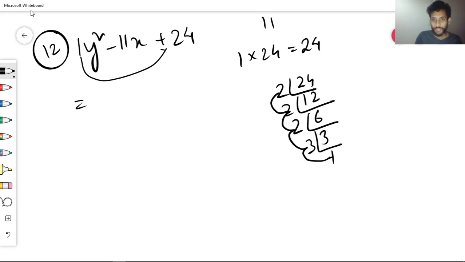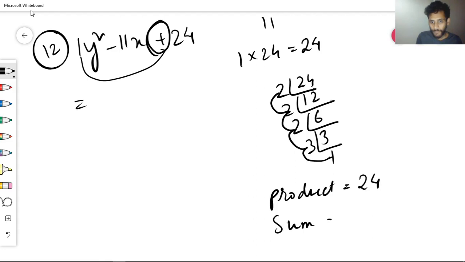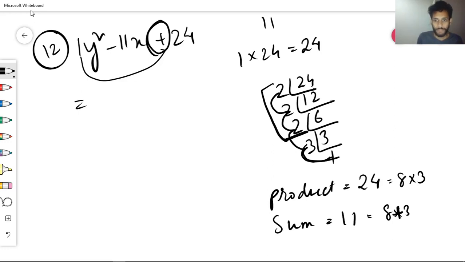We have to make a pair of 2 numbers from all these numbers such that the product is 24 and the sum is 11. If I take these 3 twos together, 2 twos are 4, 4 twos are 8, and 3 into 1 is 3. So I get 8 into 3, that is 24, and 8 plus 3 is 11. I got the 2 numbers, 8 and 3.